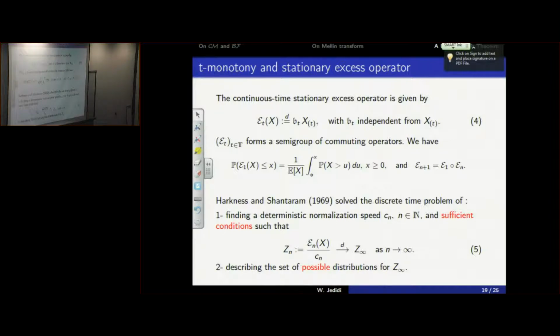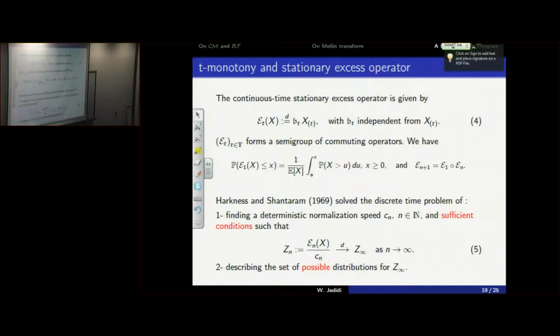You need the square root of n in order to make it converge in distribution to the famous standard Gaussian distribution. This is very classical.